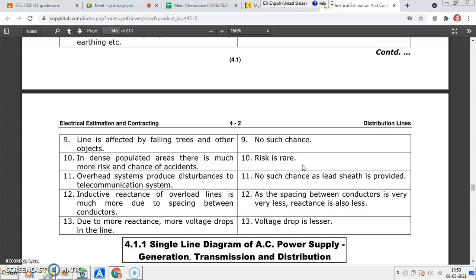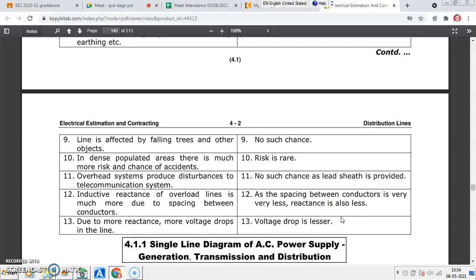So there is a space, and this space acts as a charging space. So more inductance or inductive reactance is there, and it is feeding reactive power in case of an overhead line. In cables, a lead sheath is provided in between the conductors of the cable, so we can have less inductance in between.